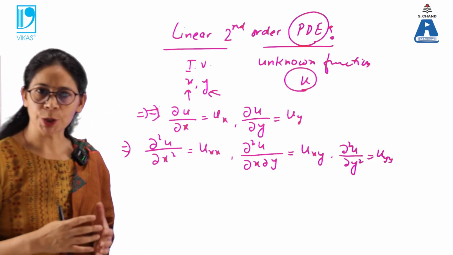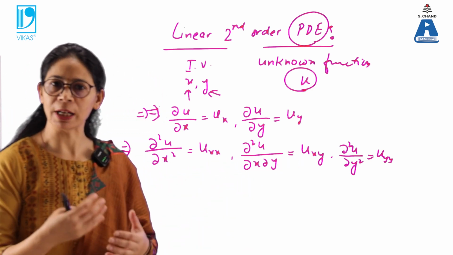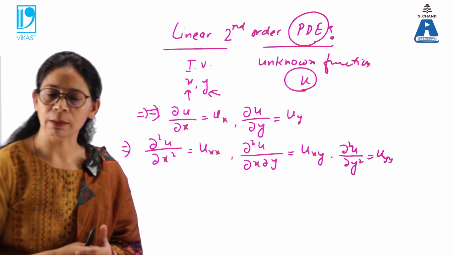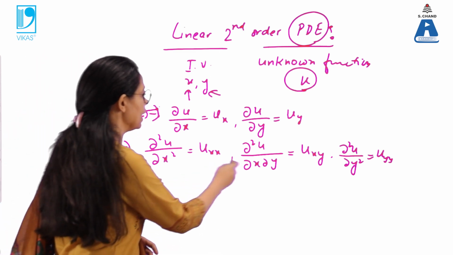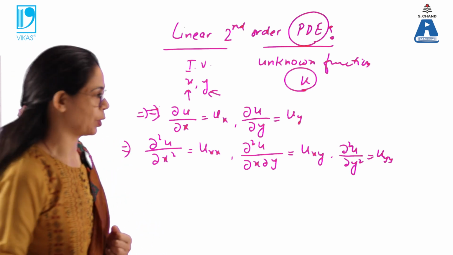Any equation which involves at least one of them, it is not necessary that one equation should involve all three second order partial derivatives, will be called a second order partial differential equation. Even if it involves any one of them, it will be called a second order linear partial differential equation.